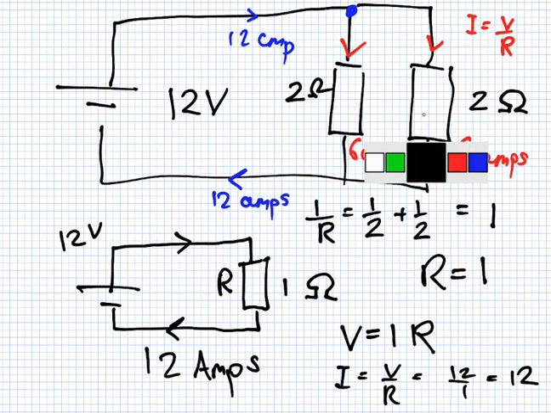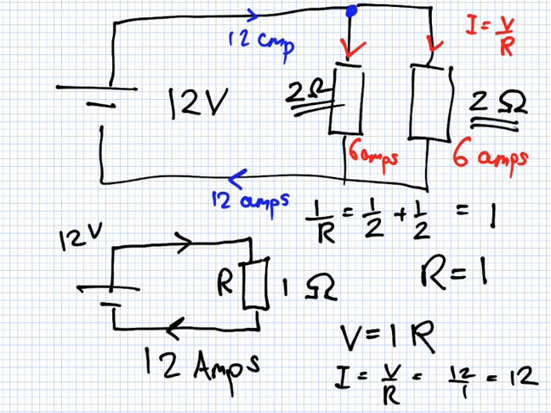It's only half and half here because they're both 2. But if this was like 3, and this was like 4, or whatever, they will be different. I'll do another example where it's different.